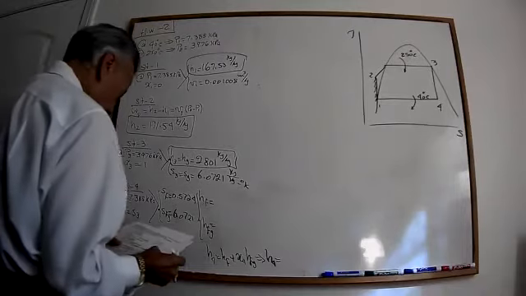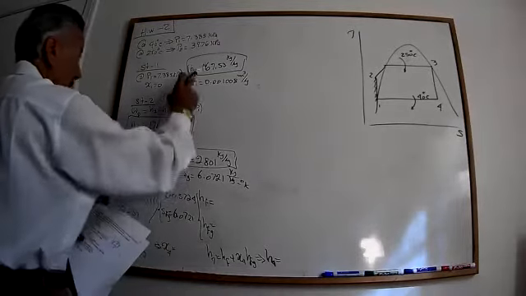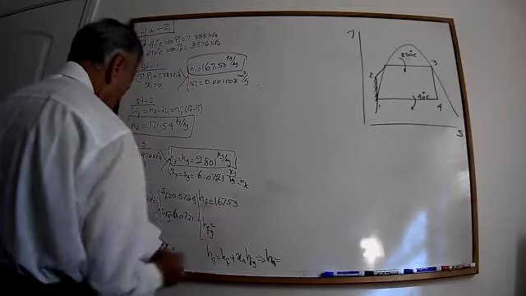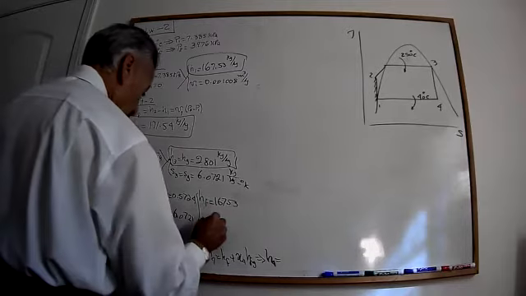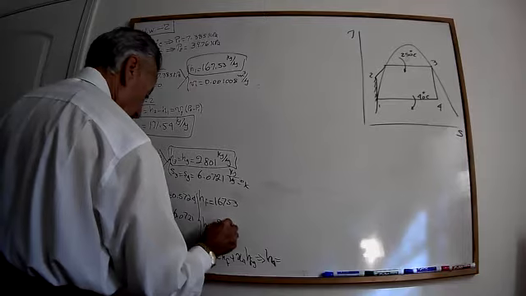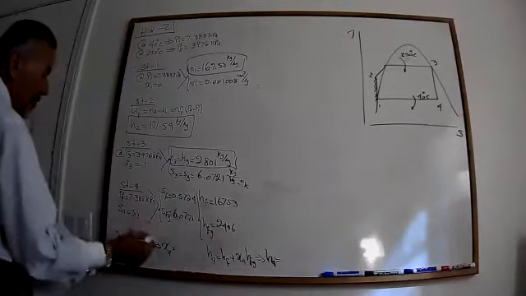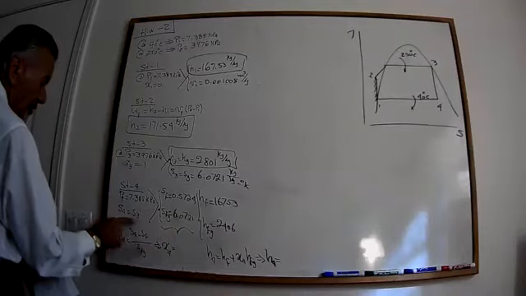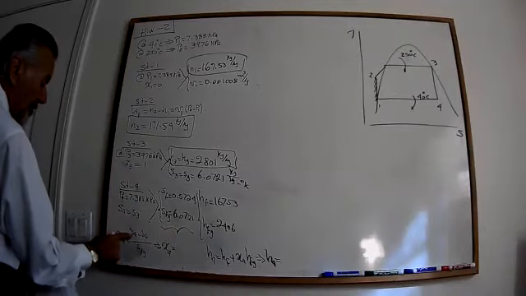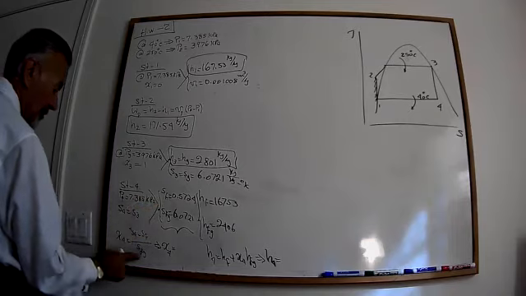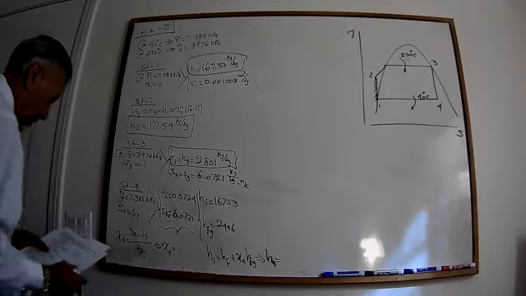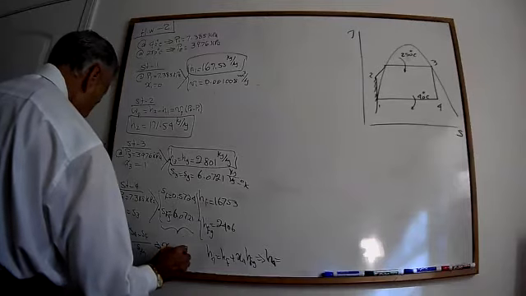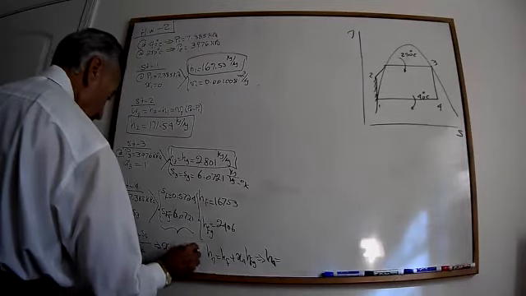H of F, it's obviously same as H1, which is 167.53. And H of FG is 24.06. So having all this value from this side, from the S value, since S4 is equal to S3, we have S of F, we have S of FG, and we plug it in, we can find the quality to be 0.7158.